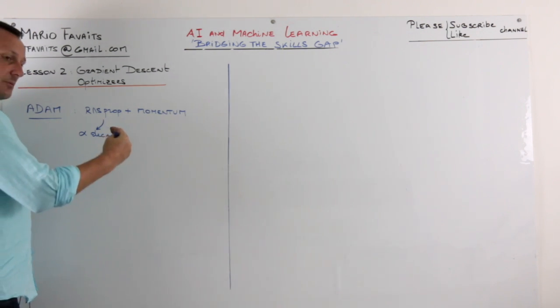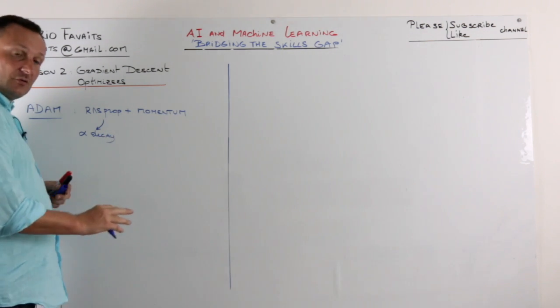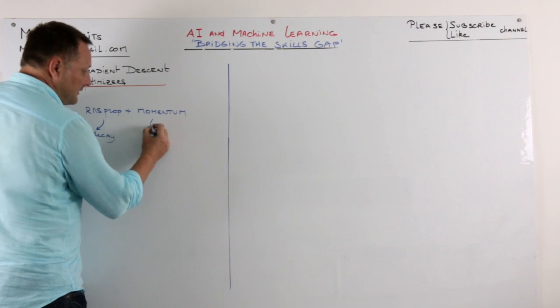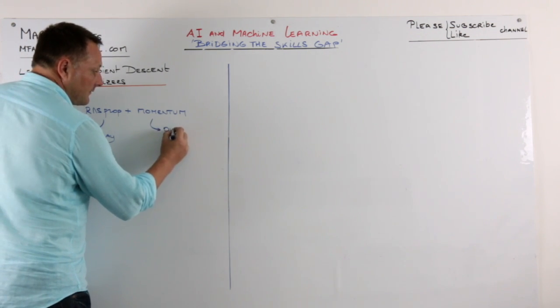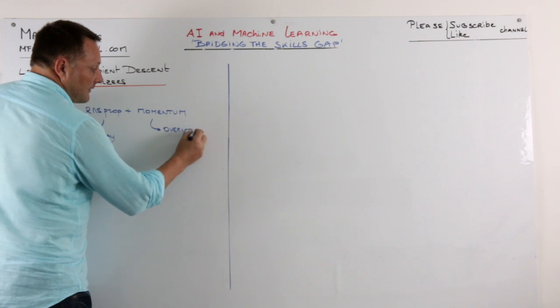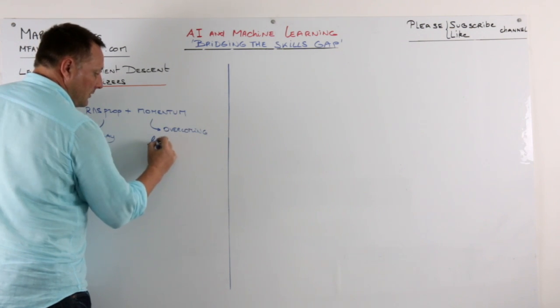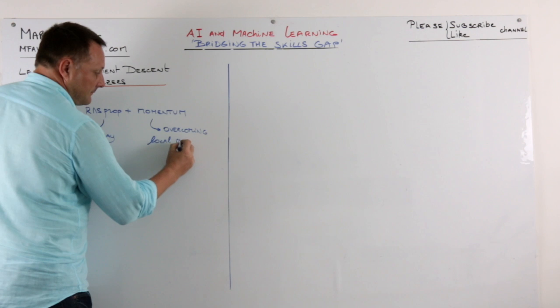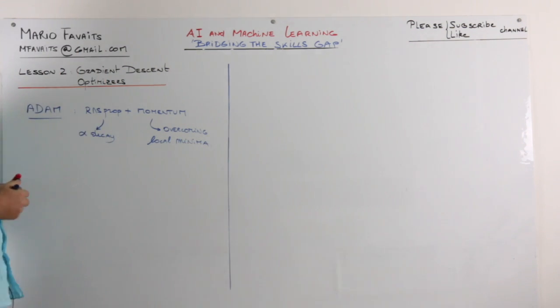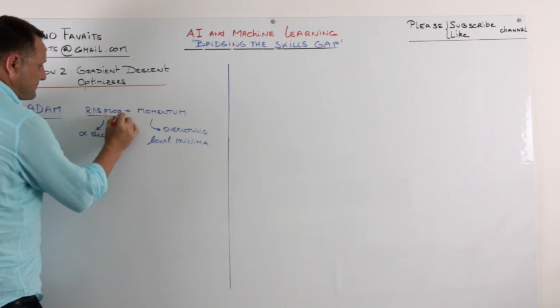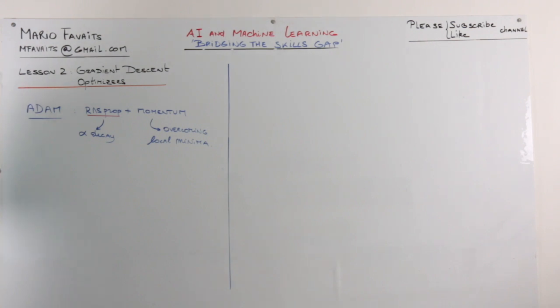The learning rate will become smaller when we get closer to the minimum. And the momentum takes care of overcoming local minima. So very popular. This one, as well as RMSprop, Adam, we're going to see quite often.